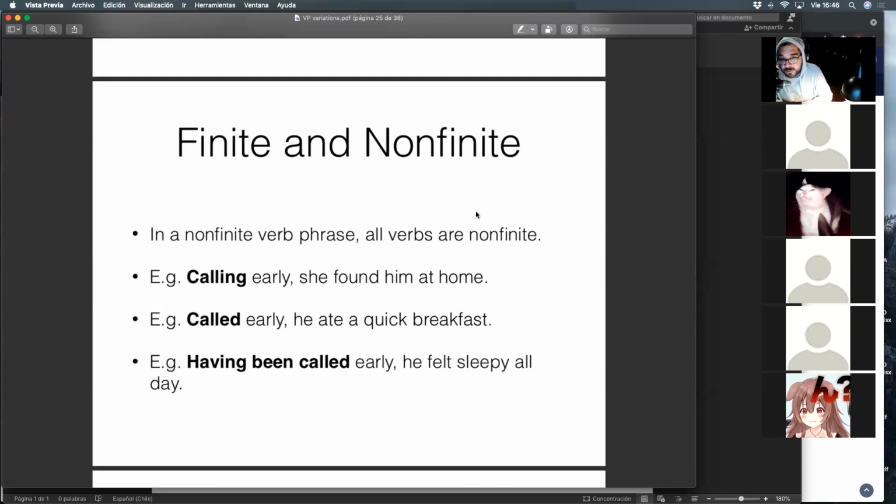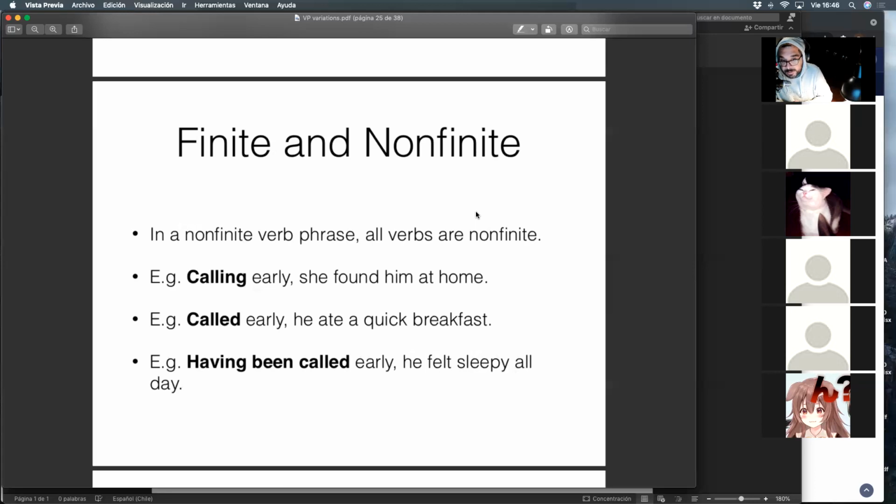Finite and non-finite. In a non-finite verb phrase, all verbs are non-finite. That is to say, all verbs are written by using ing or ed2. So, for example, calling early, she found him at home. Calling early then is a non-finite clause, and that non-finite clause has a non-finite verb phrase, with the verb head calling. Calling is non-finite because it's written in the ing participle.